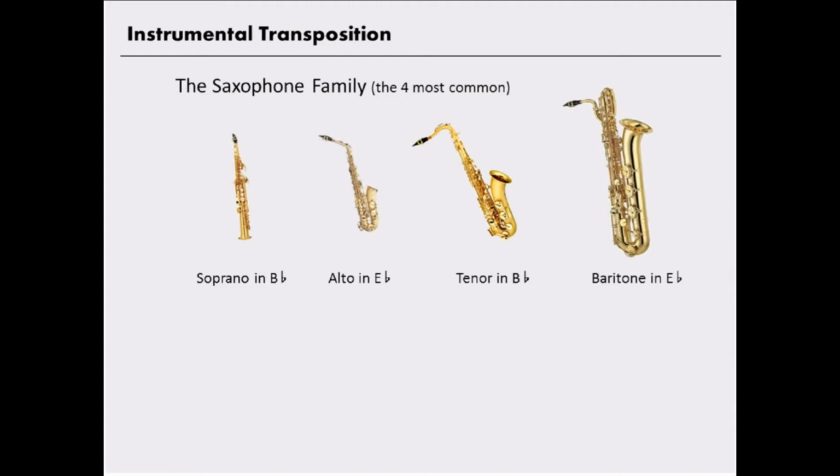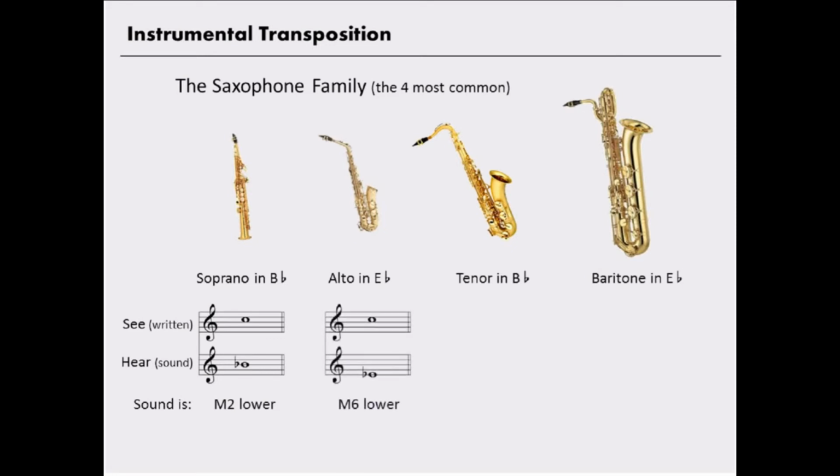All the saxes are in either B flat or E flat, and the key alternates as we go up and down in size. Now saxophones all play from the same notation. Parts are all written in treble clef, and the written ranges are all very similar, but the transposition makes them sound quite different. Soprano in B flat sounds a major second lower than written.